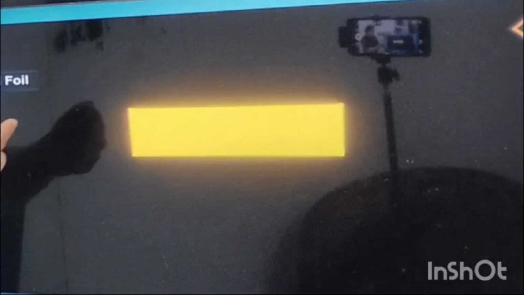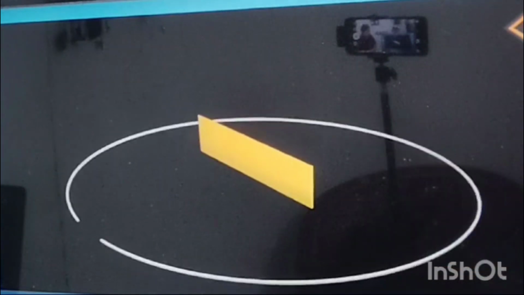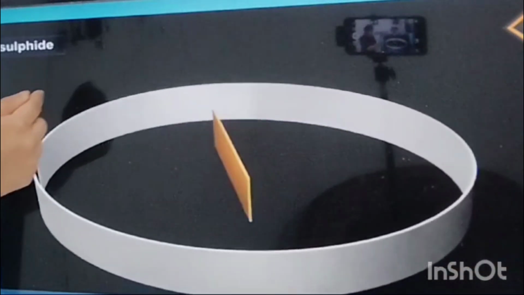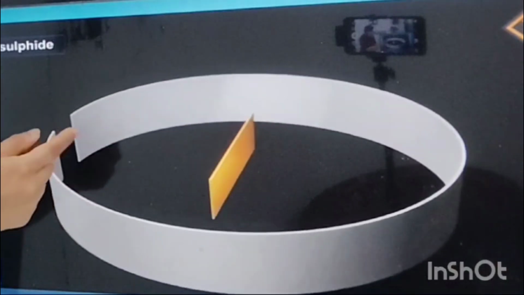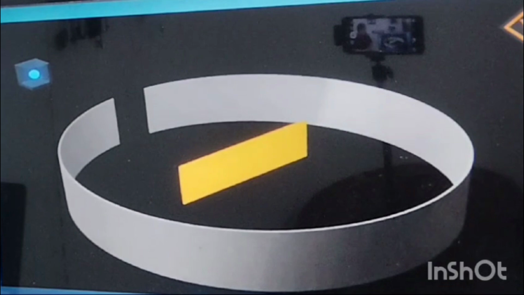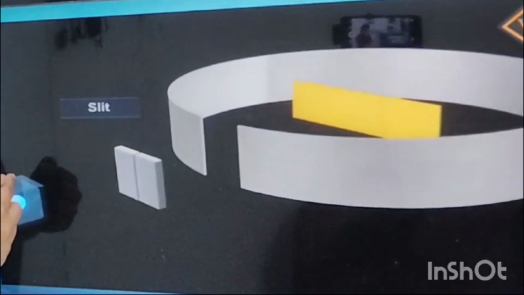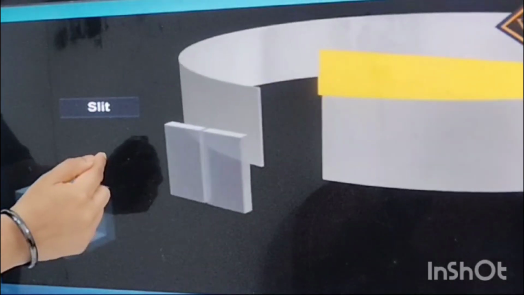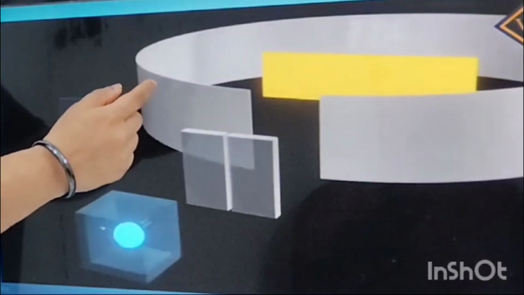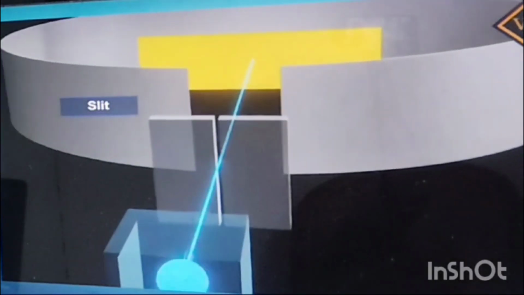It's the gold foil, surrounded by ZnS screen, zinc sulfide screen. Alpha particle pass through the slit and strike the gold foil.